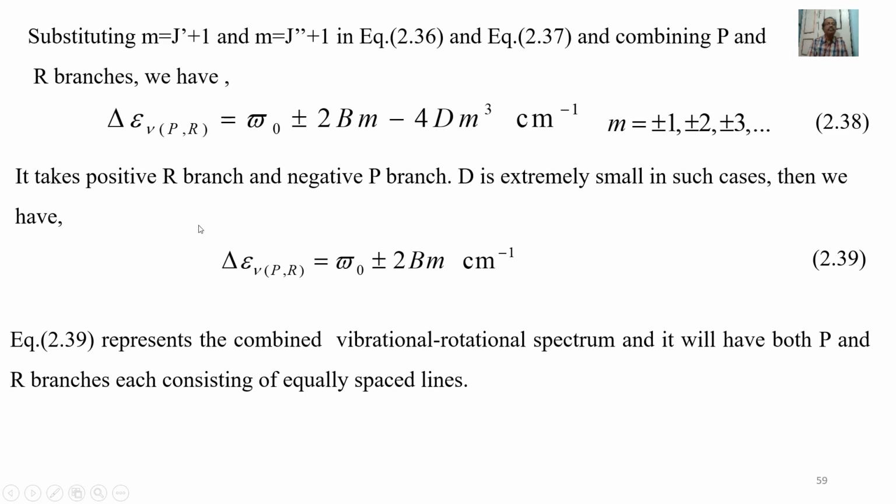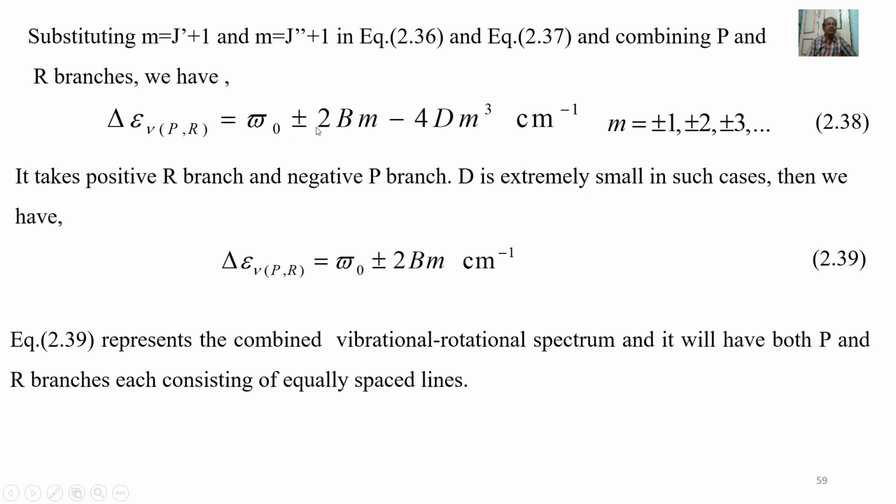Now substitute M equals J prime plus 1 and M equals J double prime plus 1 in equation 2.36 and equation 2.37, and we can combine P branch and R branch as one equation. So we have this expression, equation 2.38, plus or minus 2bm minus 4dm cube.